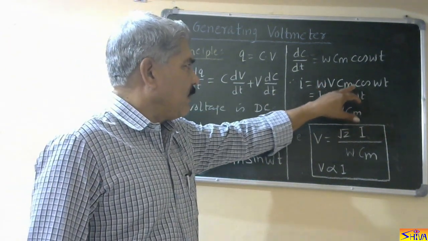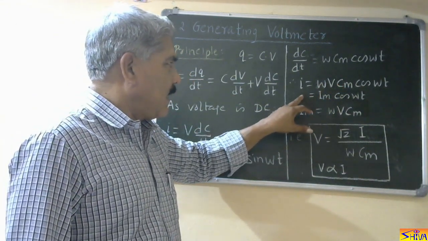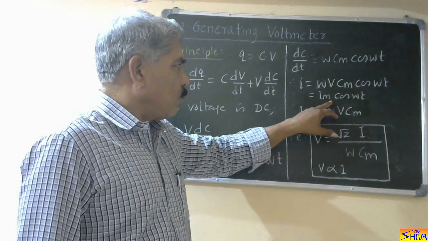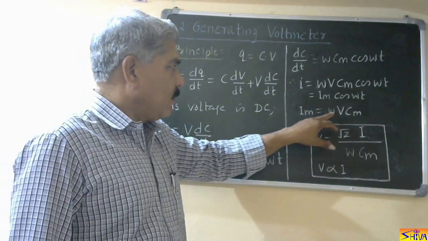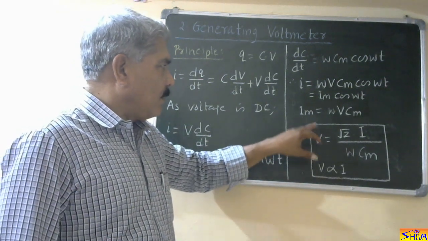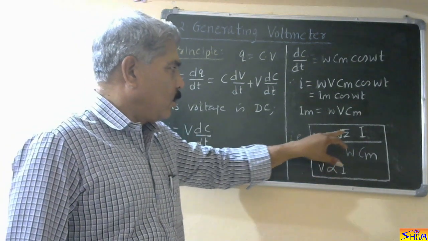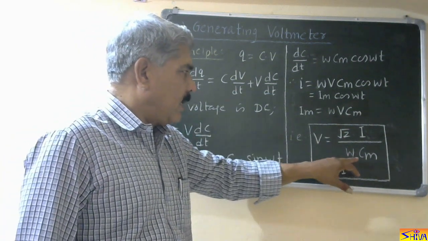Now this factor will be Im, that is peak value of the current. So we can write I is equal to Im cos omega t, where Im is omega V Cm. So RMS value of this Im will be this divided by root 2. So voltage can be given by root 2 into I divided by omega into Cm.